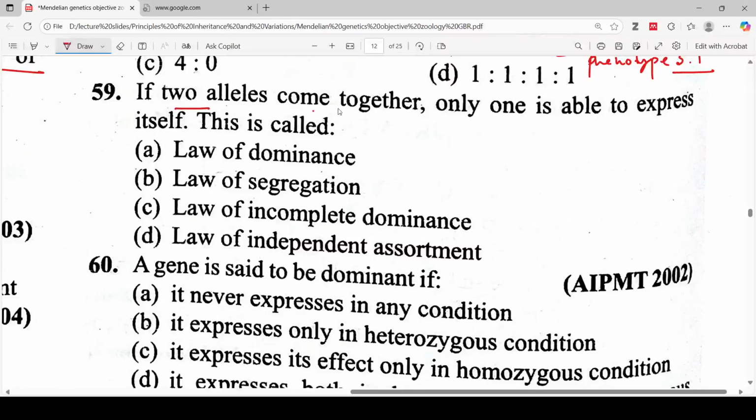Next question, if two alleles come together, only one is able to express itself. This is called law of dominance.